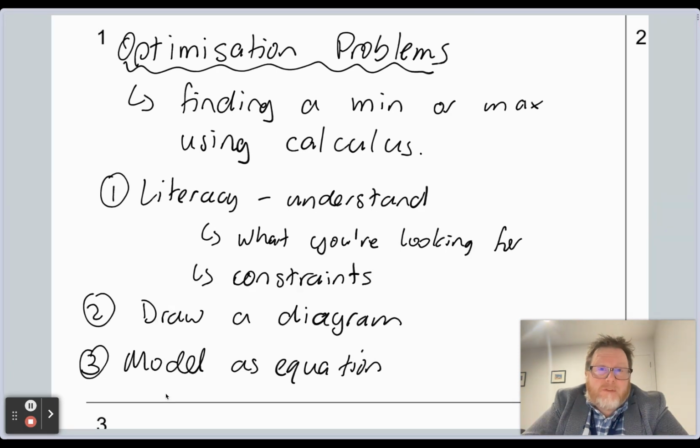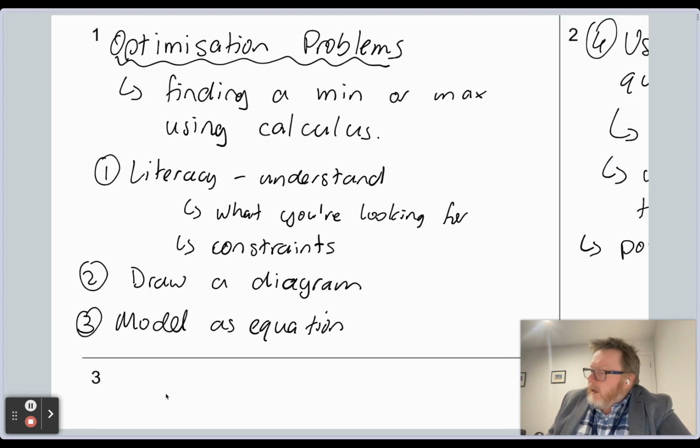If you can, and if it's relevant, draw a diagram is your second step. The third thing is use your constraints and what you are looking for to model the problem. Almost always there's two variables in the model, and you have to reduce it down to one variable by considering the constraint. And we'll go through a problem in a second so you can see that.